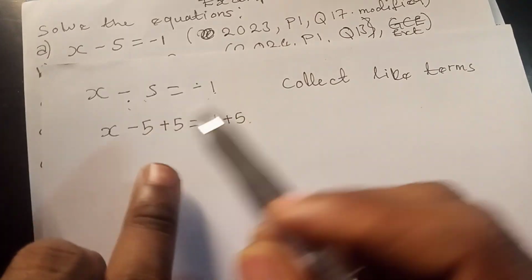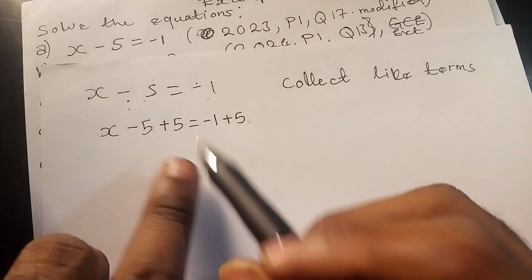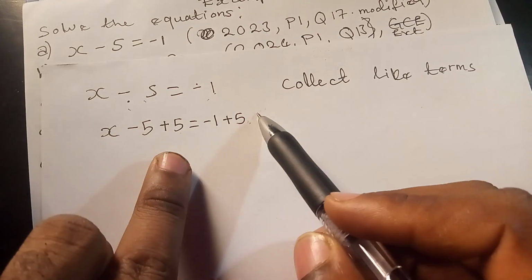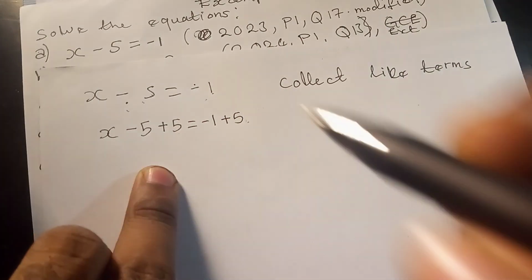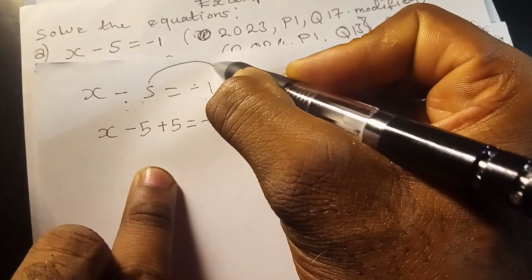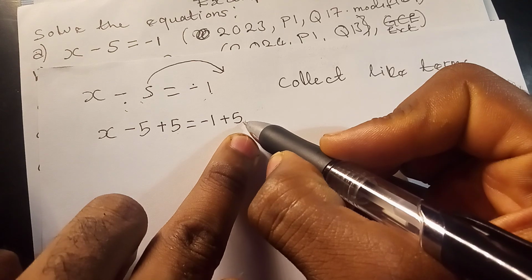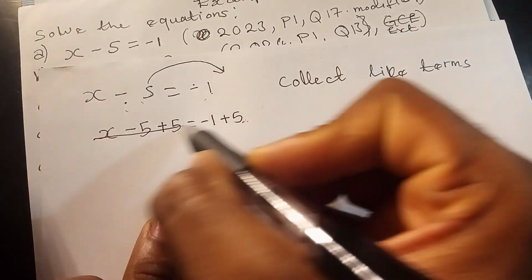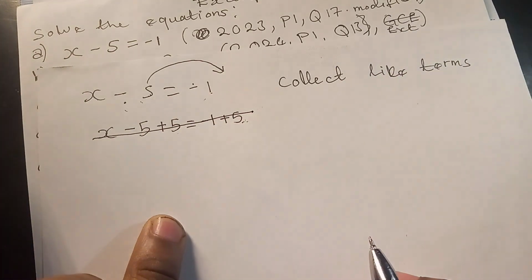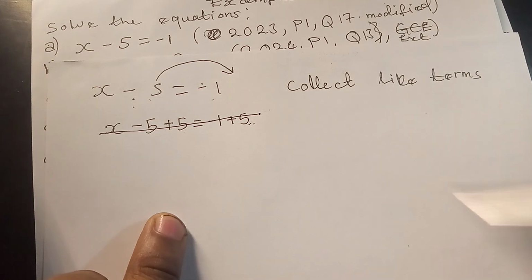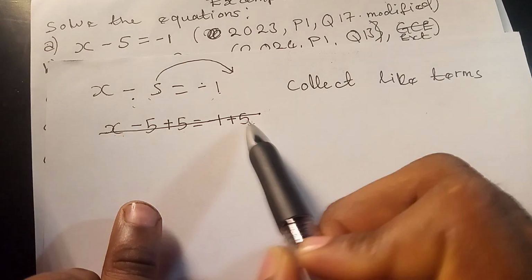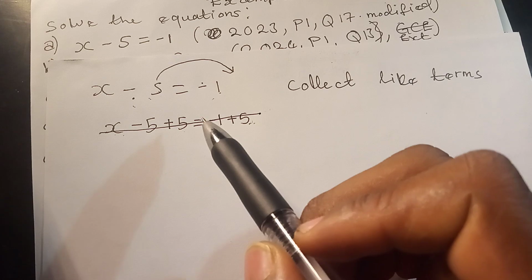So then we have an easier trick of doing this. Instead of adding a 5 to both sides, we normally just take this 5 to the other side so that it becomes a positive number. So you can ignore this. I've realized that a lot of you are getting confused once we use this.